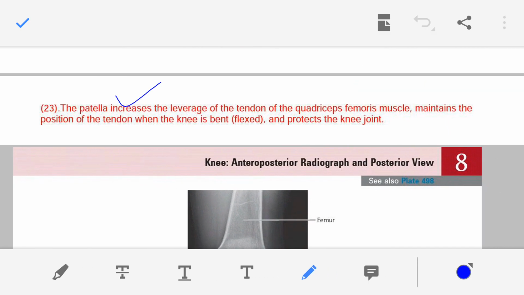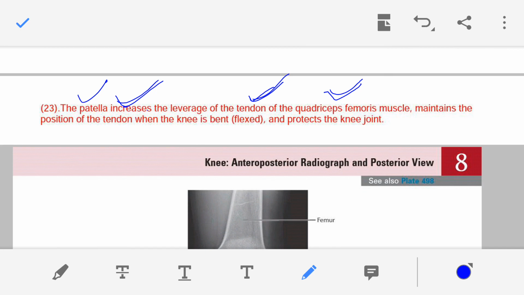Now the tala increases the leverage of the tendon of the quadriceps femoris muscle. Once again, the name of the muscle, quadriceps femoris muscle, and the tendon of this muscle. And what the tala is doing, it is increasing the leverage of the tendon.